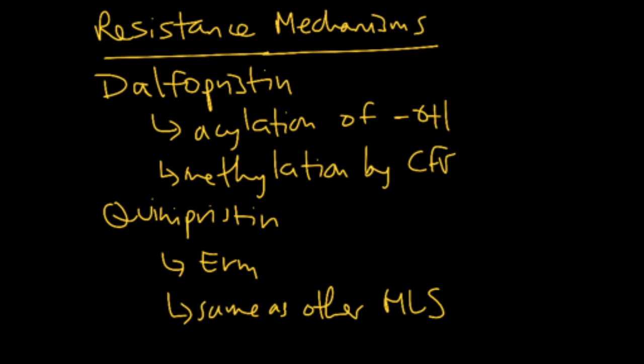Cfr methylates, and Cfr is used for dalfopristin and linezolid. Quinupristin acts the same as the other MLS drugs. So remember, dalfopristin and quinupristin have different resistance mechanisms, but they all end up with the same result: resistance against these drugs.